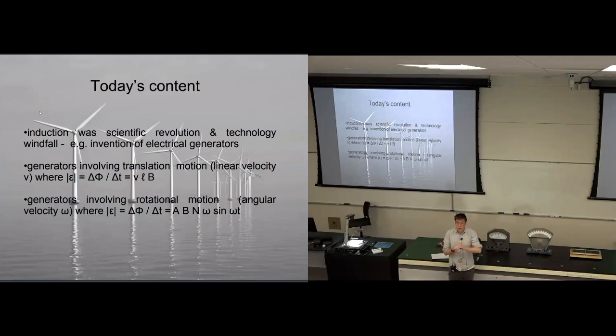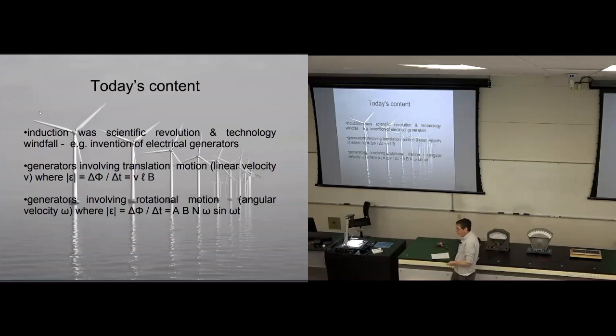How it's done is due to electrical generators that were discovered and developed by Michael Faraday and Joseph Henry, who we mentioned in the last class. Specifically in today's class, I want to talk about these 2 bullets here.